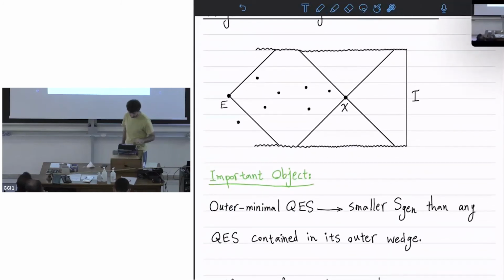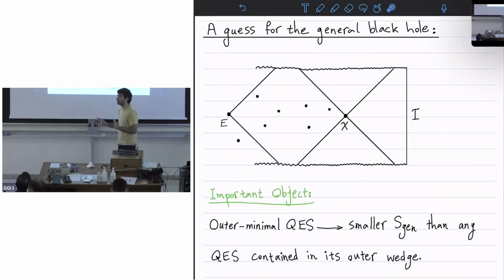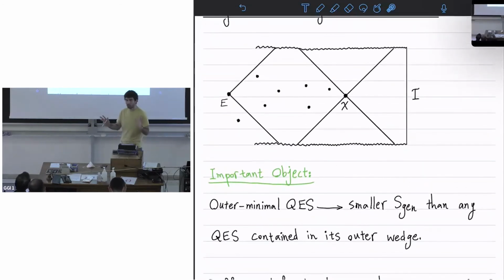All right. Okay, so I don't think we know what the map is. I'll just tell you some property of the outer minimal quantum extremal surface that's nice, which motivates some formula, which might be related to what you were saying. Outer minimal quantum extremal surfaces are ones which have no quantum extremal surface with smaller S_gen in their outer wedge.